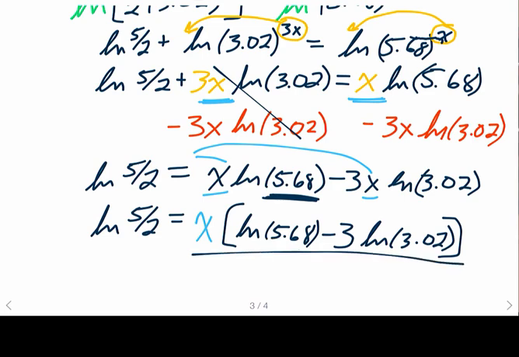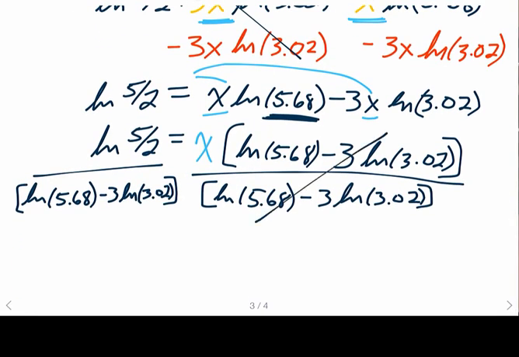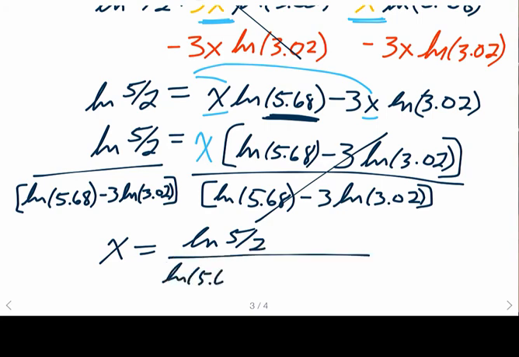Now I can divide both sides by that quantity in brackets. It divides out on the right-hand side. And I'm going to flip this around and write down that x is equal to the natural log of 5 halves divided by the natural log of 5.68 minus 3 times the natural log of 3.02.